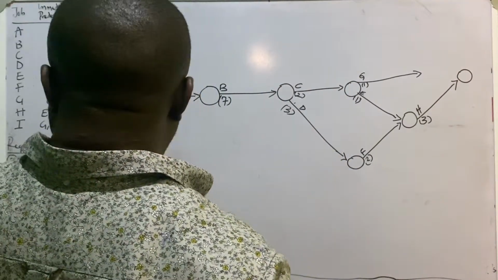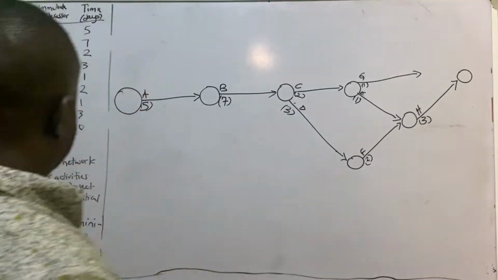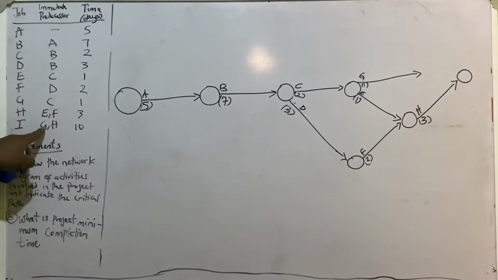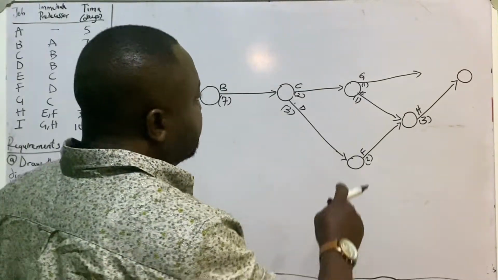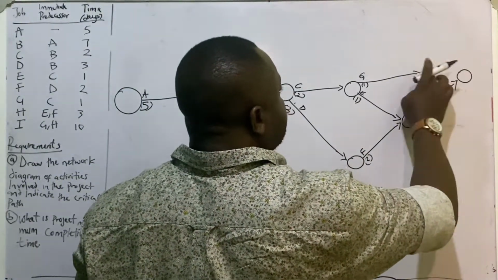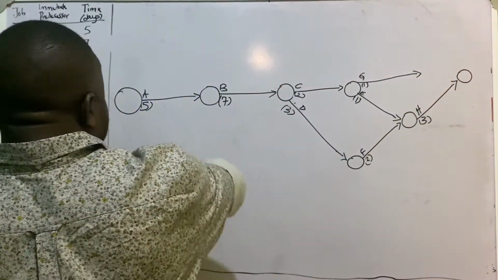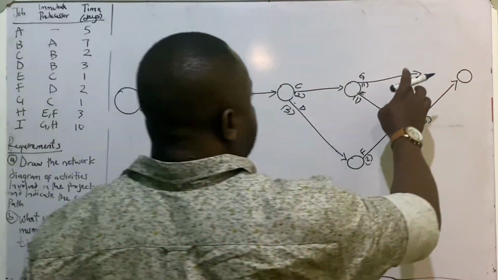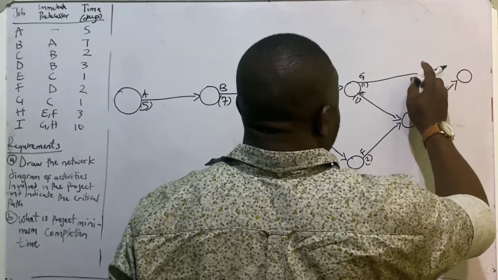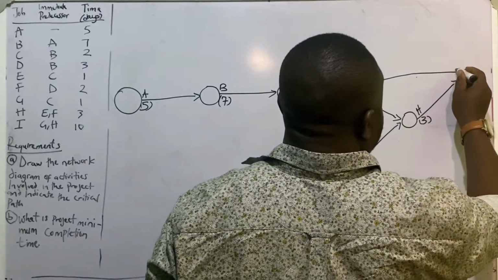Okay, and activity I will come at the end of G, activity G and activity H, which means that activity G and H must come together before I will now take place. So we can extend this.